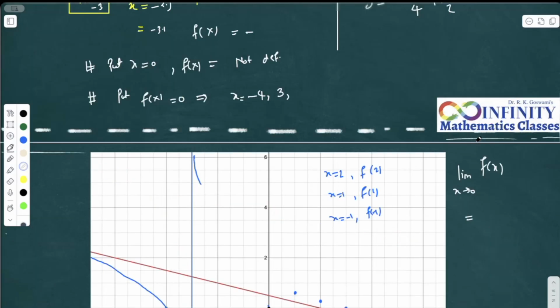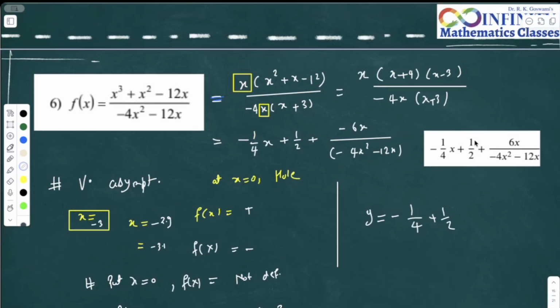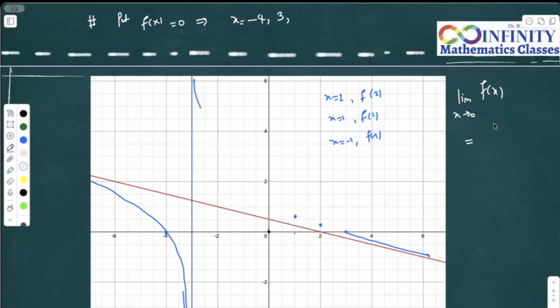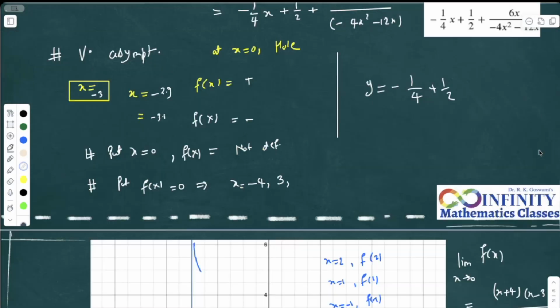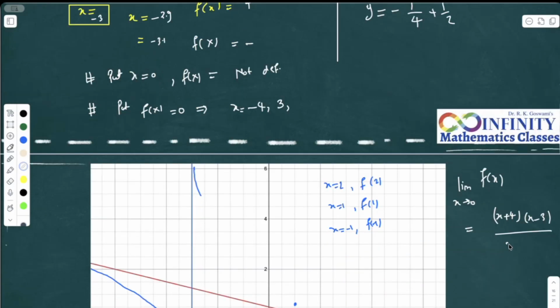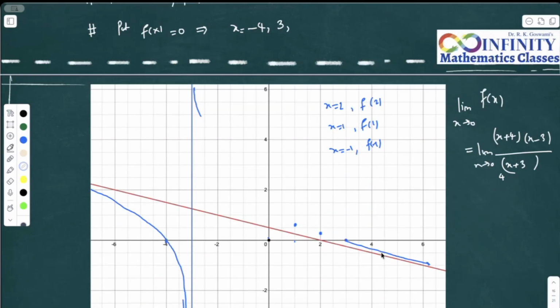It is going to be 3 over -4, x plus 4, x minus 3, divided by x plus 3. I got 1. f(x) would be 1. So 1 will be somewhere here.